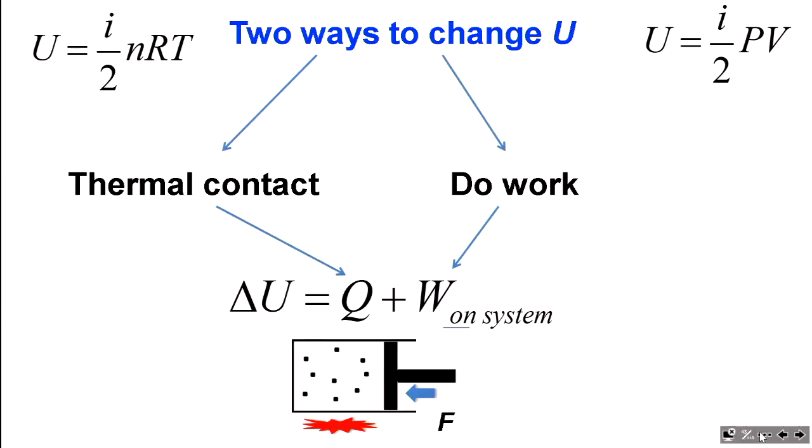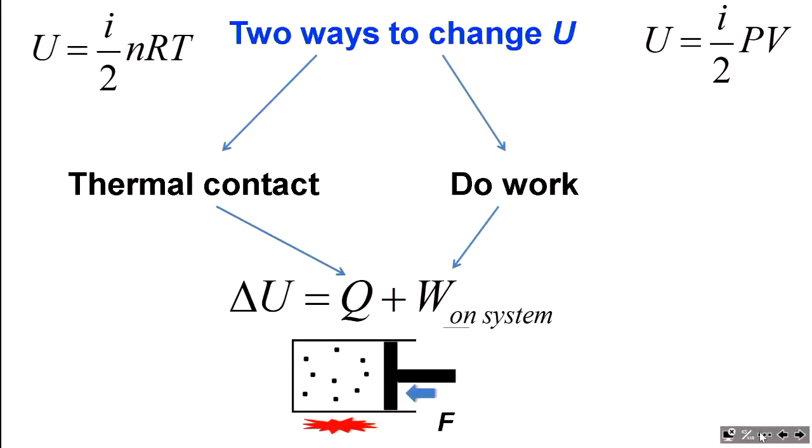So if we do work on the system and also bring it into contact with additional objects, the change in the internal energy is equal to the sum of the amount of heat it absorbs or releases and the amount of work done on the system.